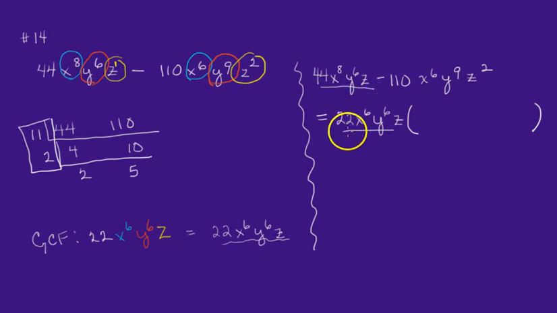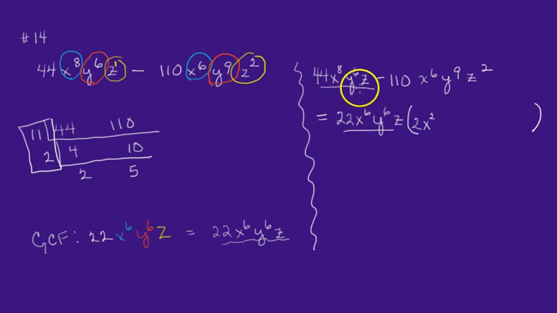I have 22. To get 44, I need to multiply by 2. I have x to the 6th. I need x to the 8th. Well, I have 6 x's, I need 2 more, x squared, to give me 8. I have 6 y's here, 6 y's there, so I don't need to include my y's because I already have them.